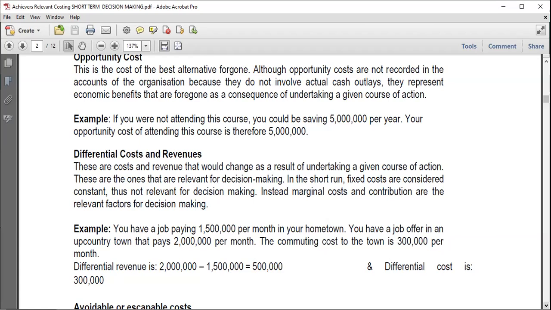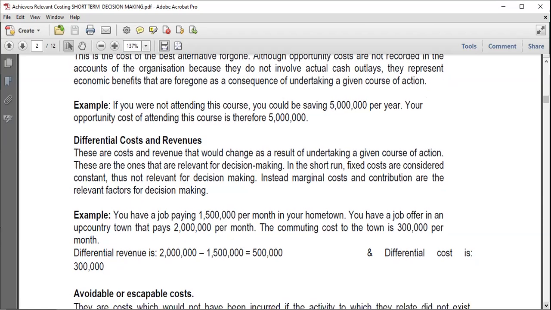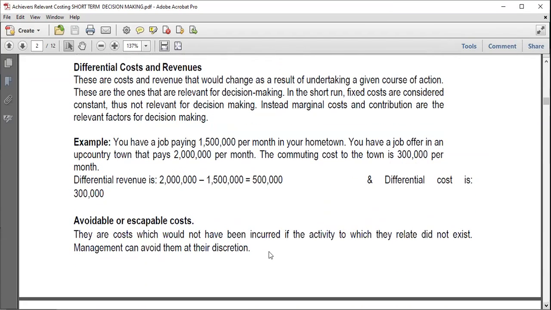There is information that will be irrelevant. Maybe because you already incurred the cost, or because that cost will still remain the same even if you take either alternative of the decision. Maybe it's already a sunk cost as well. You get it? So you have to know.